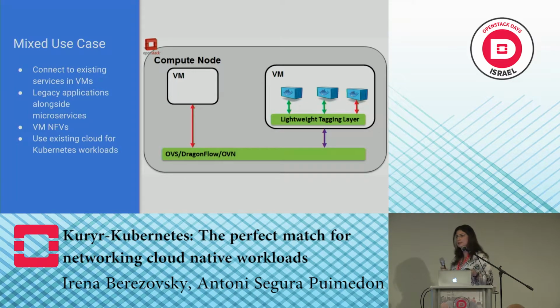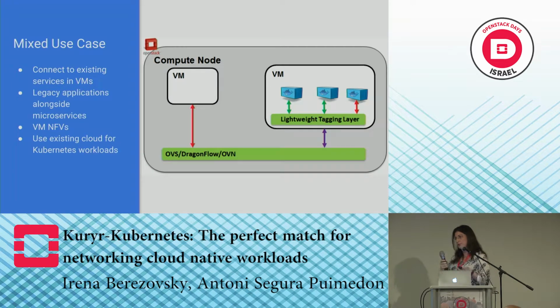There are also some mixed use cases where we have both virtual machines and nested containers and maybe bare metal containers connected through the same networking infrastructure. This is the case, for example, when you can use Magnum to deploy a Kubernetes cluster.